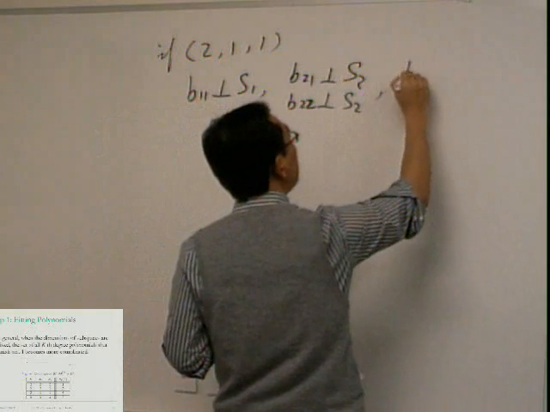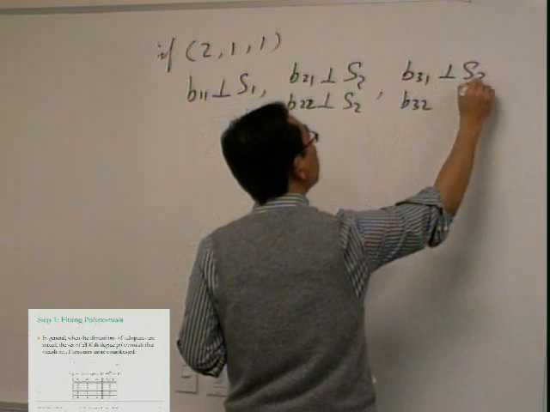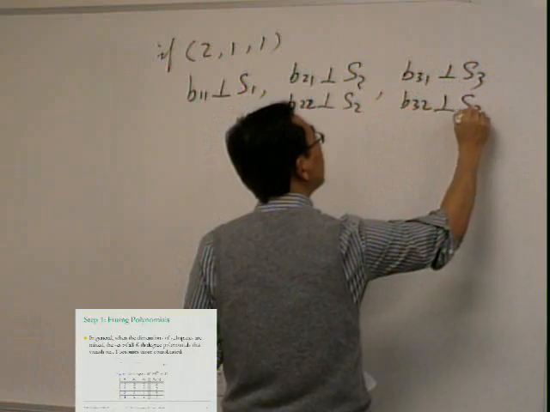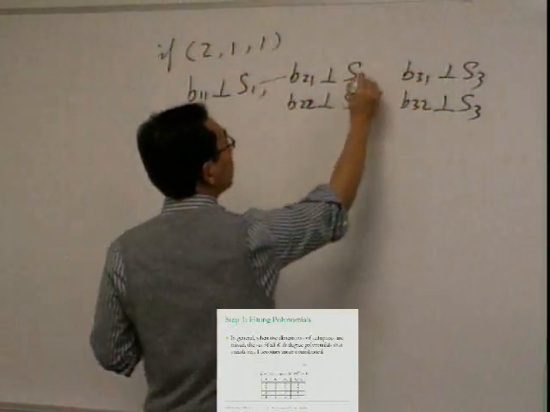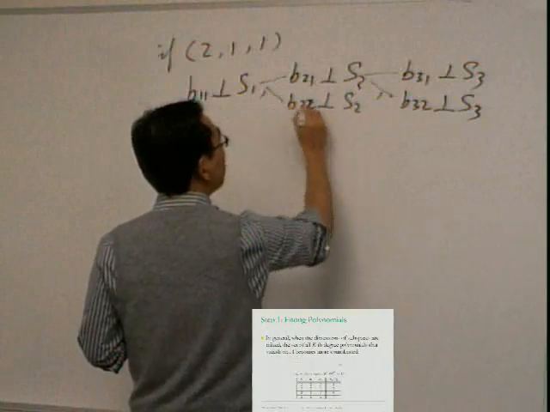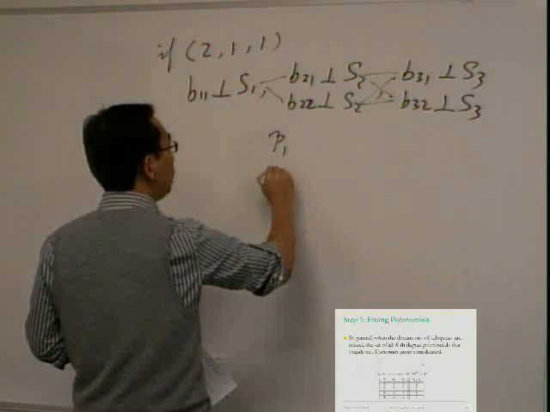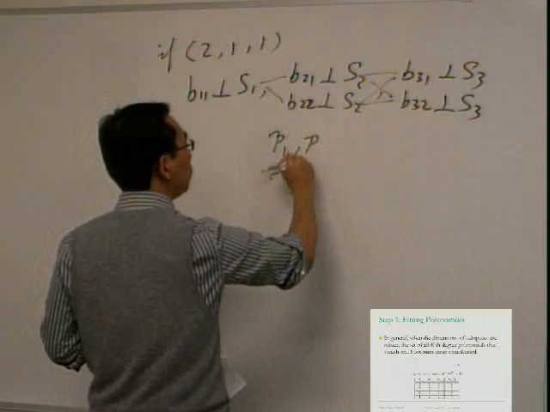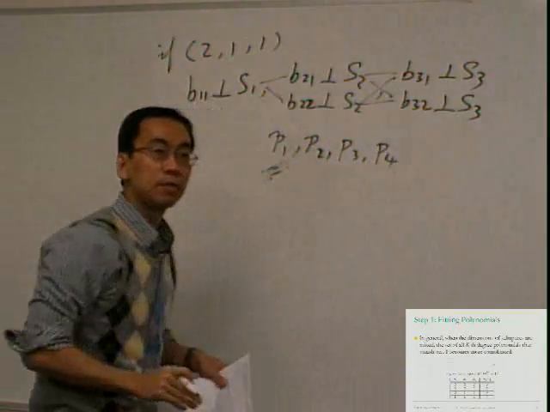And I have B31 and B32 orthogonal to S3. Okay? And then you do all the combinations. You go this route, this route, and this route, and then you end up with P1, P2, P3, and P4. Okay?